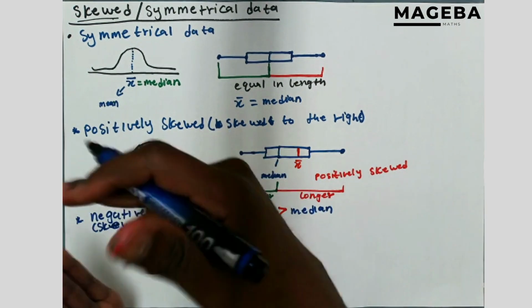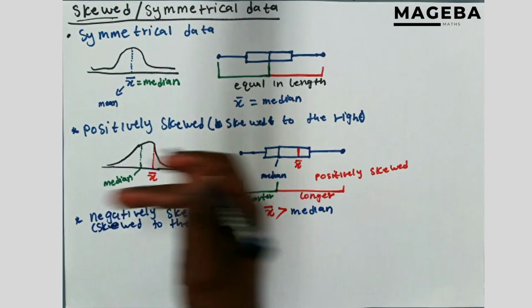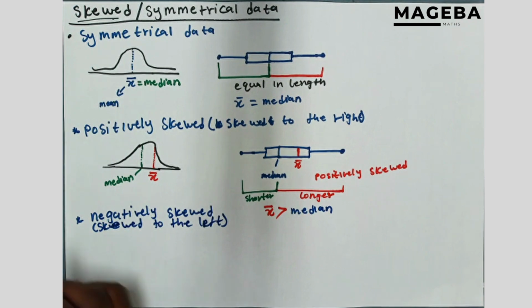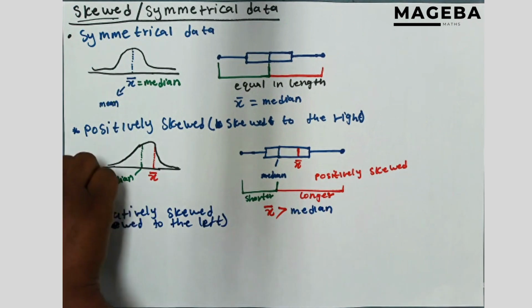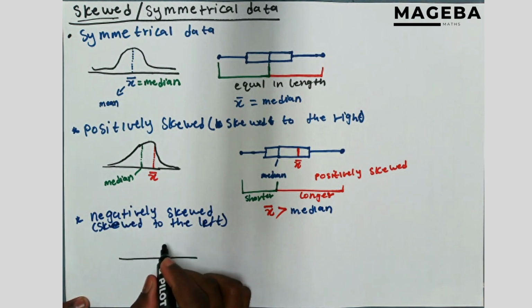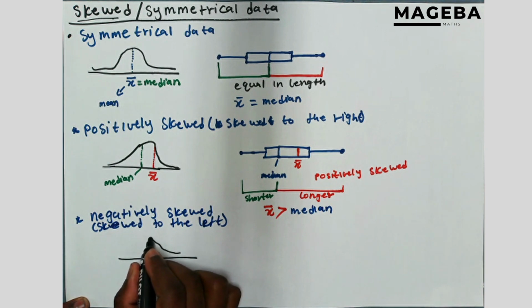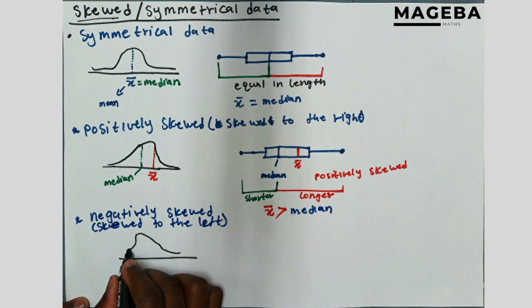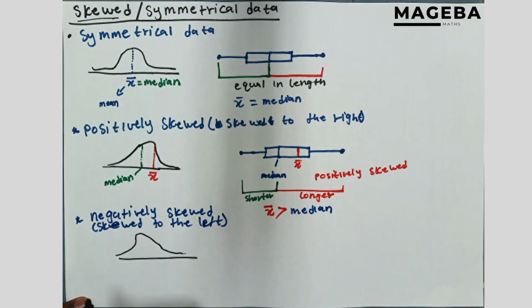It's skewed to this direction, going to this direction. Now let me try and draw my mountain. I'm not an artist, guys, so bear with me. Just gonna try like this.